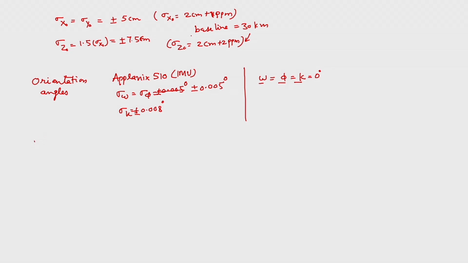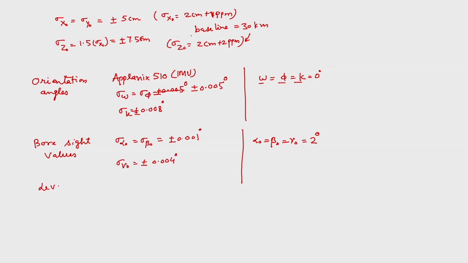Then we have the bore side values. These values are generally 1 to 2 degree. So, we take 2 degree for the worst case. And what about the sigma alpha 0? So, these are the typical values.